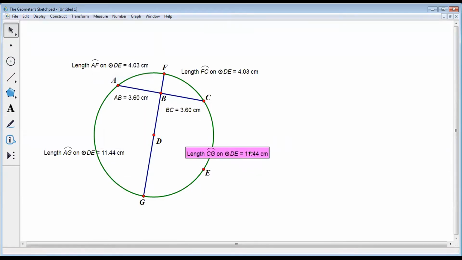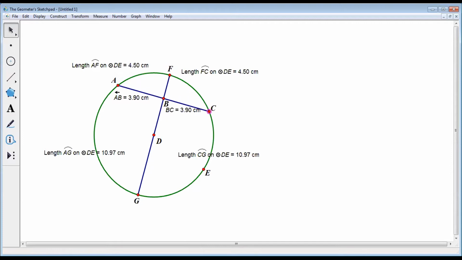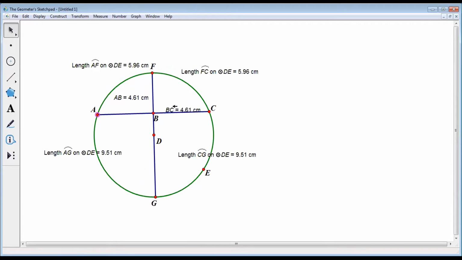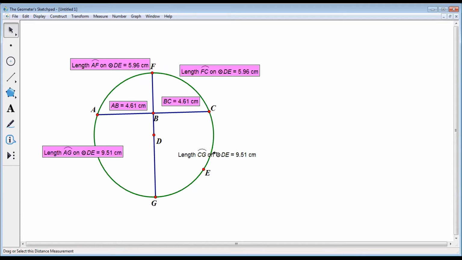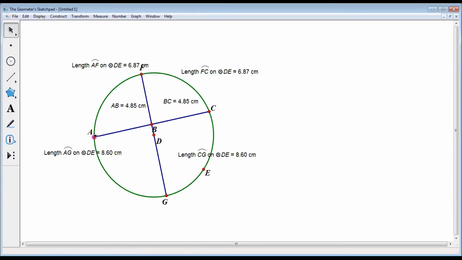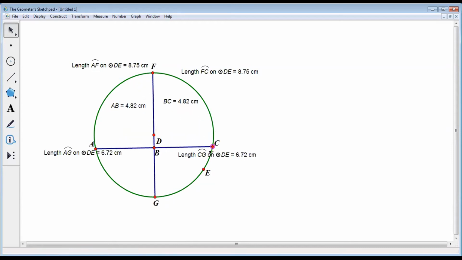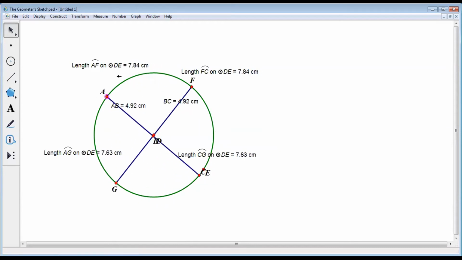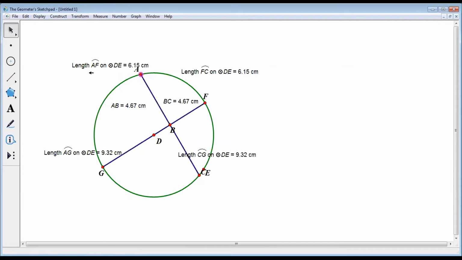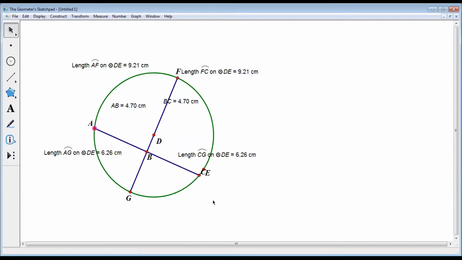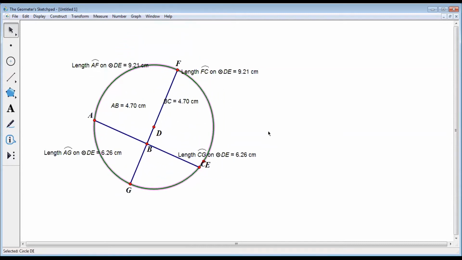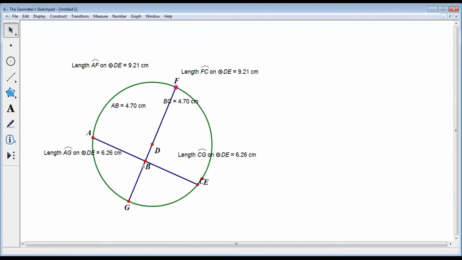That is also 11.44. So both sets of arcs are congruent in this case. And of course, I can move any of these points around, and look how those numbers stay nice and congruent. And again, I can show you an infinite number of examples, but that is no proof, because I can't show you all the examples.